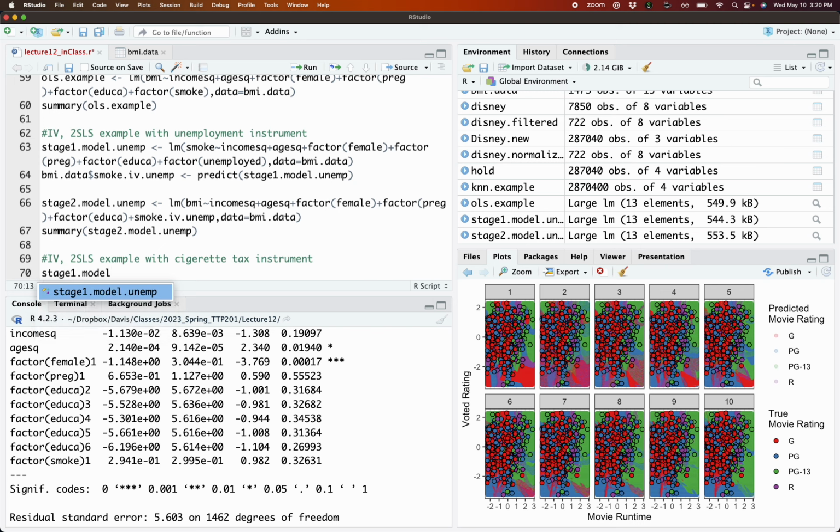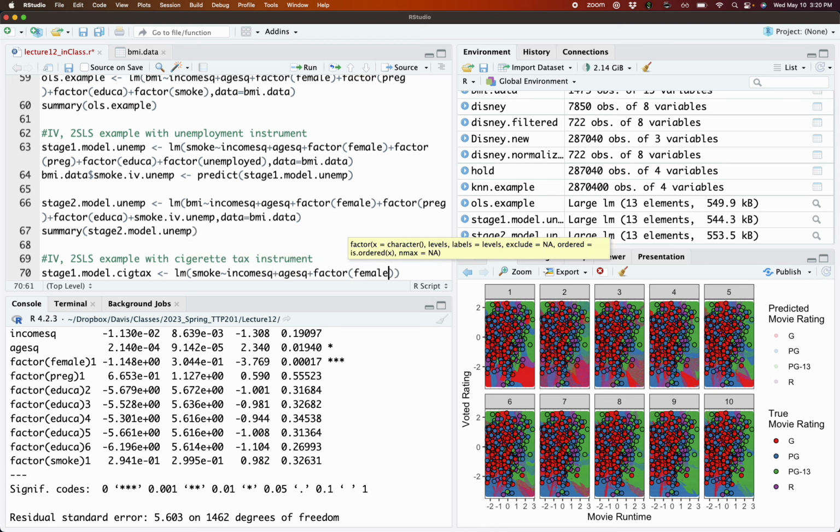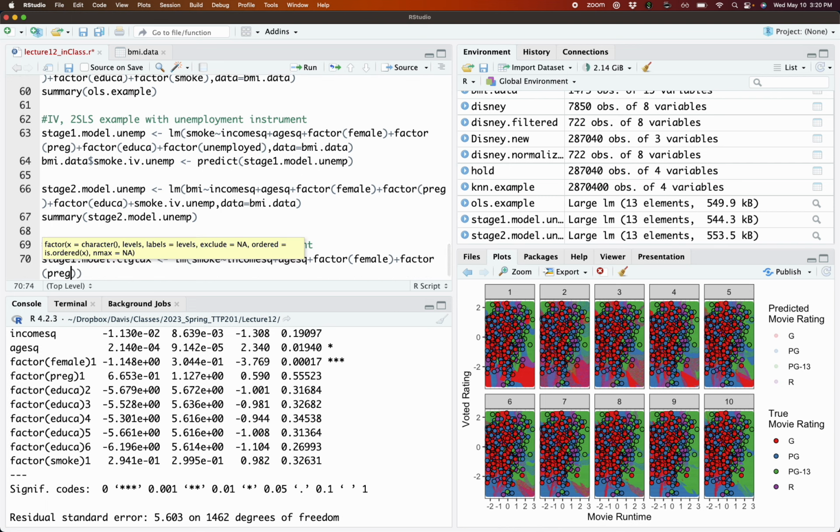This first stage of the model, we're going to do a linear regression, same as before, except this time, instead of unemployment, we're going to use cigarette tax.